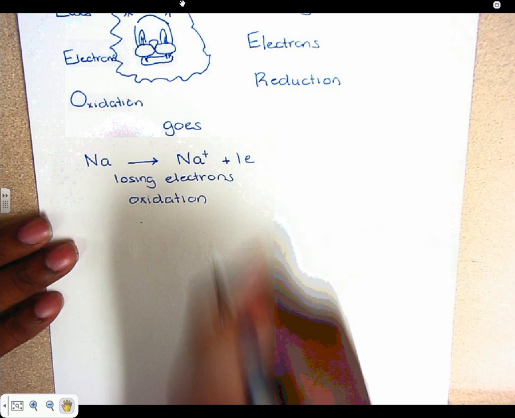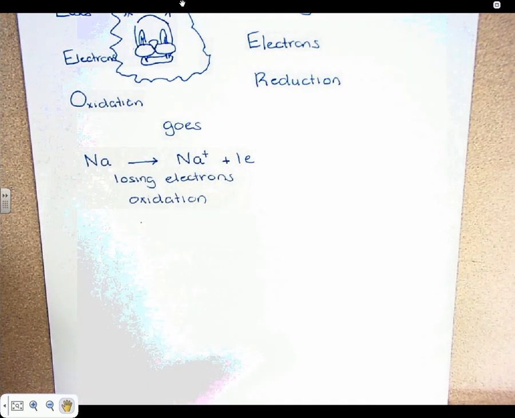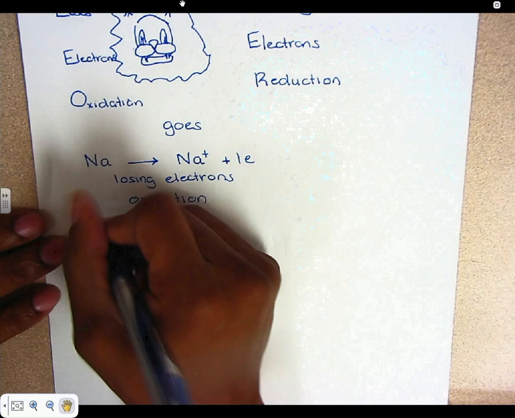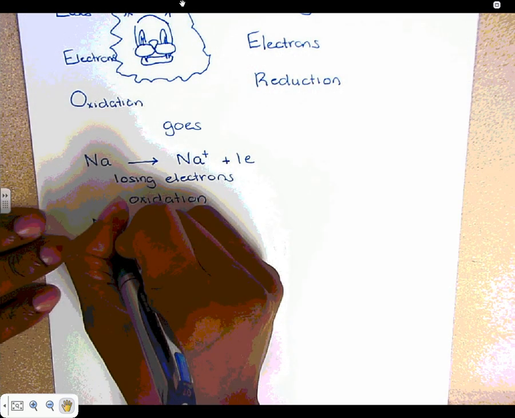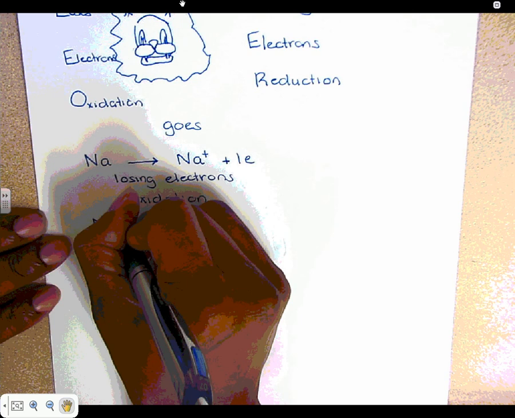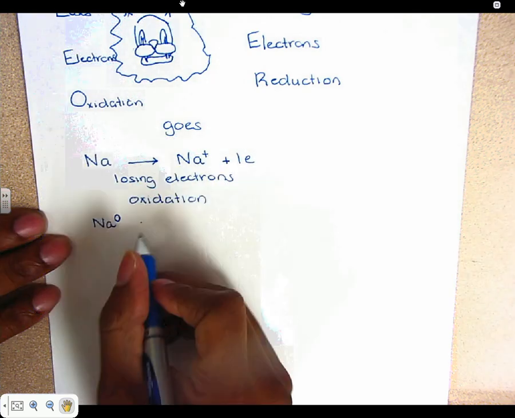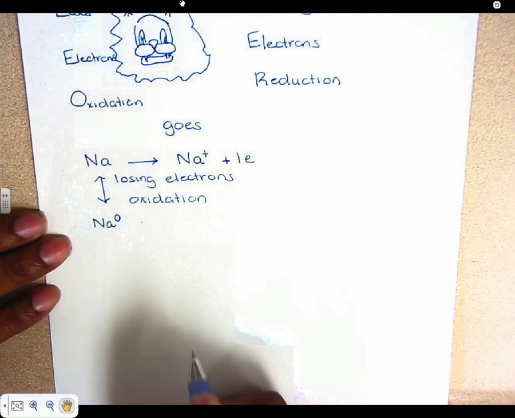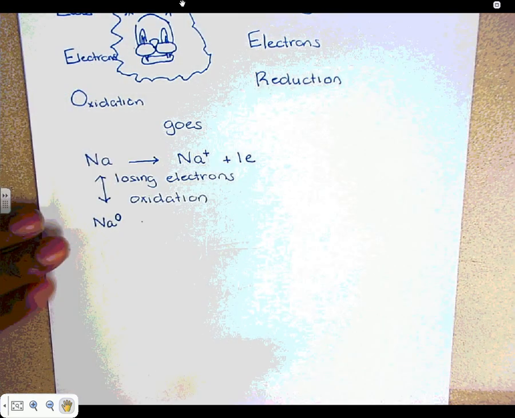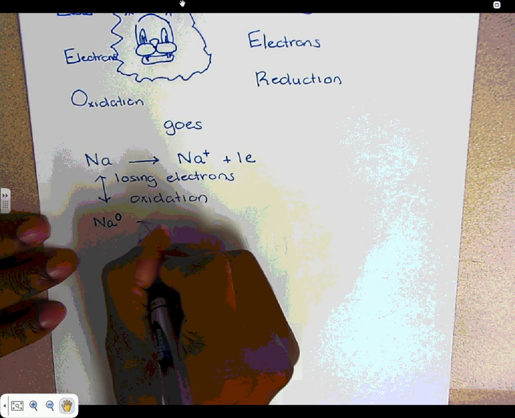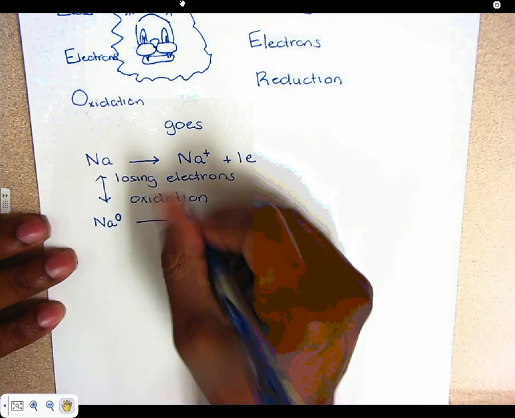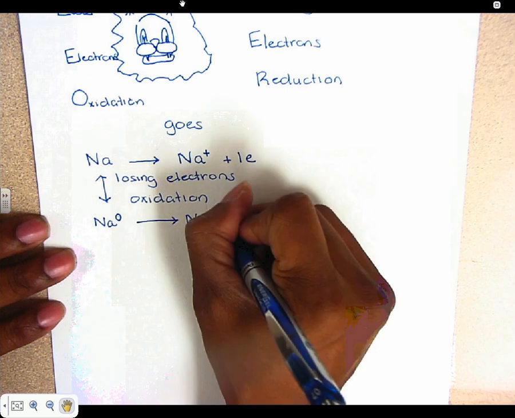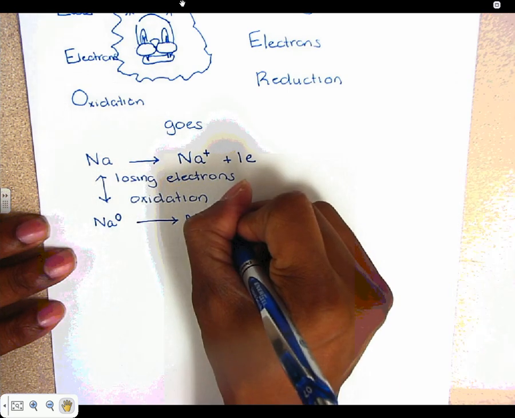Now, what you should notice when you're talking about this process of oxidation is that Na goes from having a zero in its superscript. That's understood to be a zero if you're comparing this to this. And this becomes sodium with a plus here, which stands for +1. And I'll put the 1 in there just so we're on the same page.